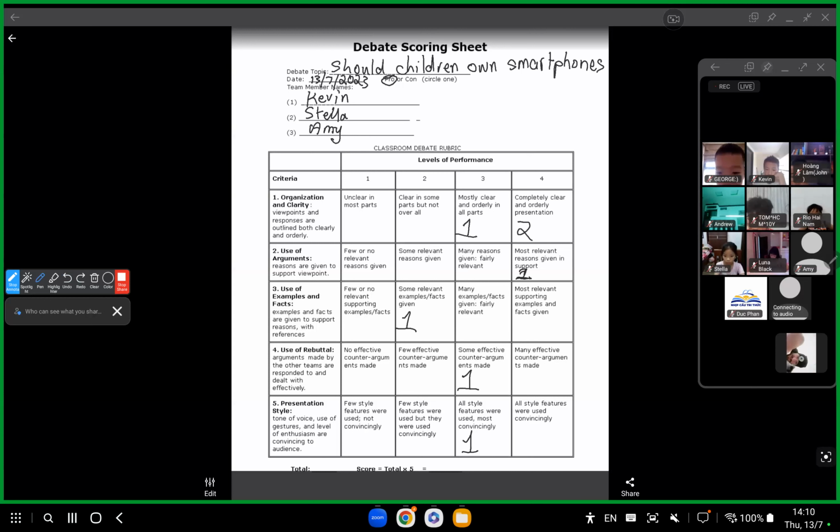Her use of arguments was pretty good. Her use of facts and examples. So her use of evidence, not bad. Her use of rebuttal was pretty good as well. And her style points, I don't know why I did a 4 there because she's speaker number 2, but she gets 4 points for that.